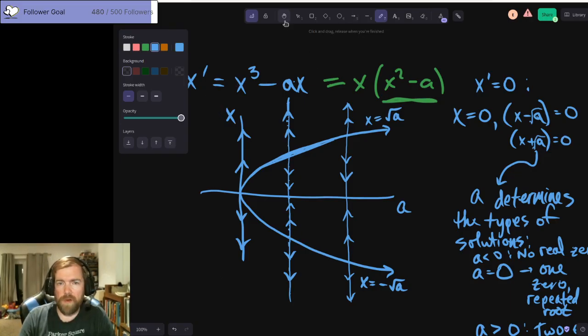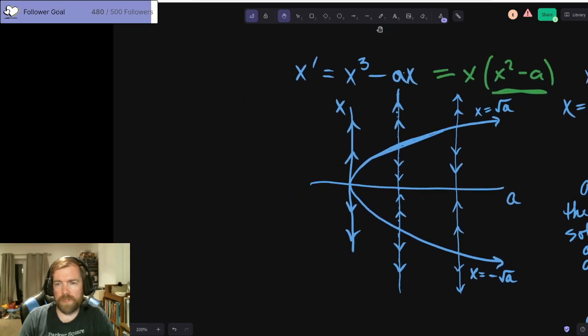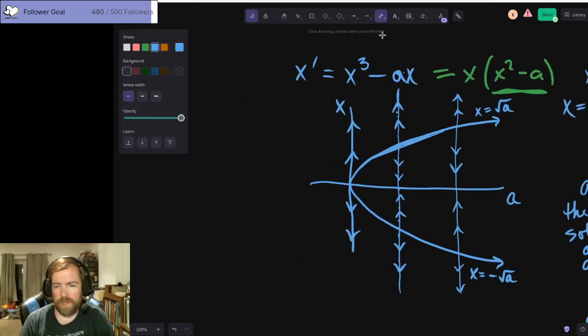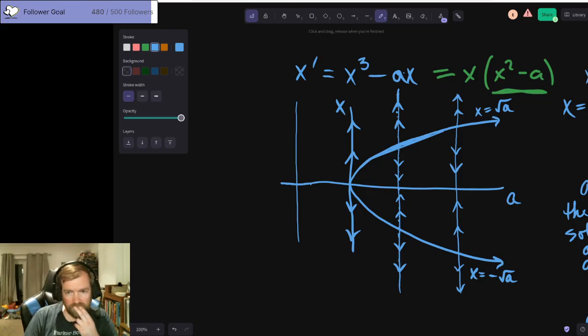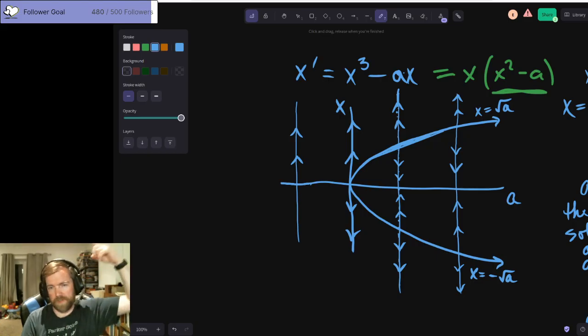Okay. And then what happens if we go over to the negative region? So if a is a negative value, then the second term is always positive, which means it's just the same sign as x itself. So all of our stuff up top goes up, all of our stuff down bottom goes down.